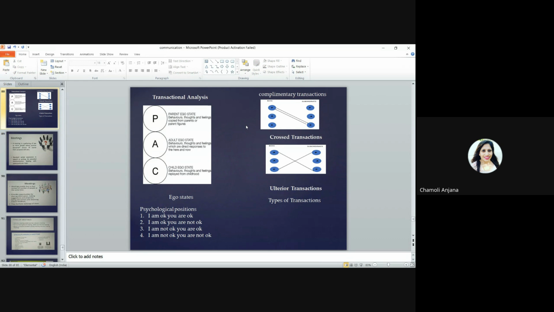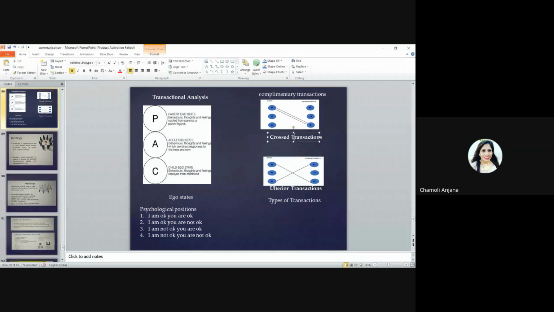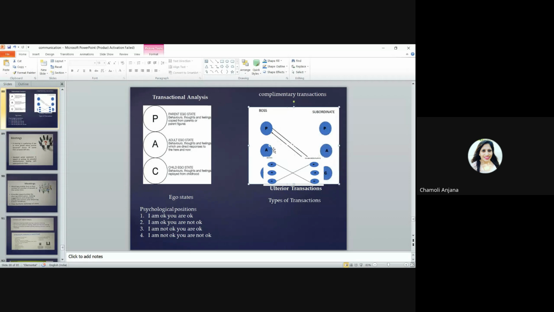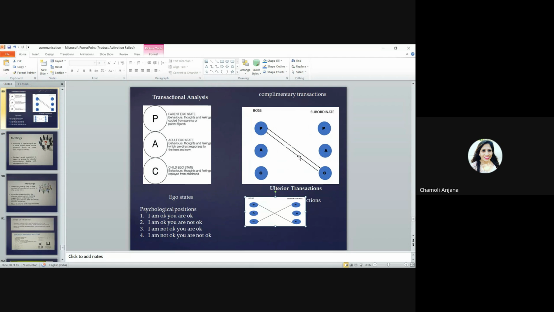That means when we take the parent, let me show it to you. Now, if you see here, when the boss starts the communication, his communication is the stimulus.